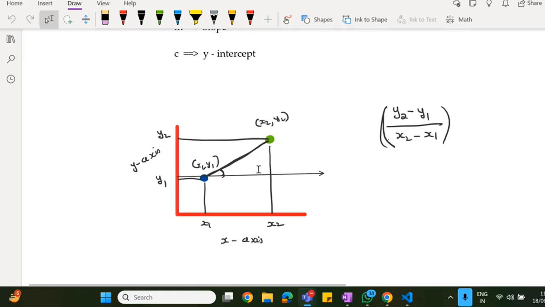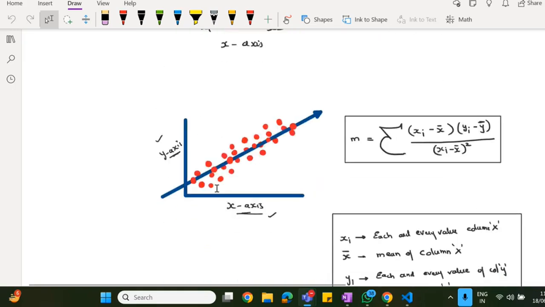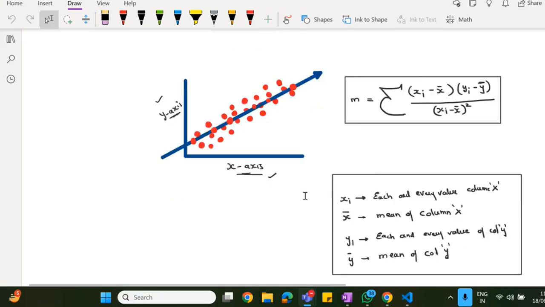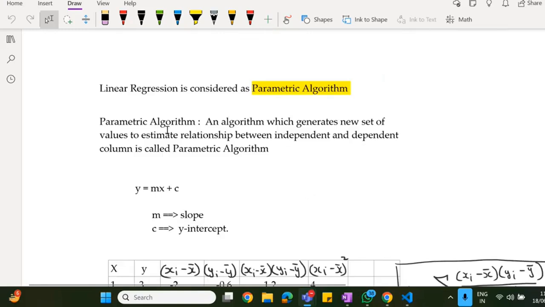But when there are multiple points, the equation changes slightly: summation of (xi minus x bar) into (yi minus y bar), divided by summation of (xi minus x bar) whole square.